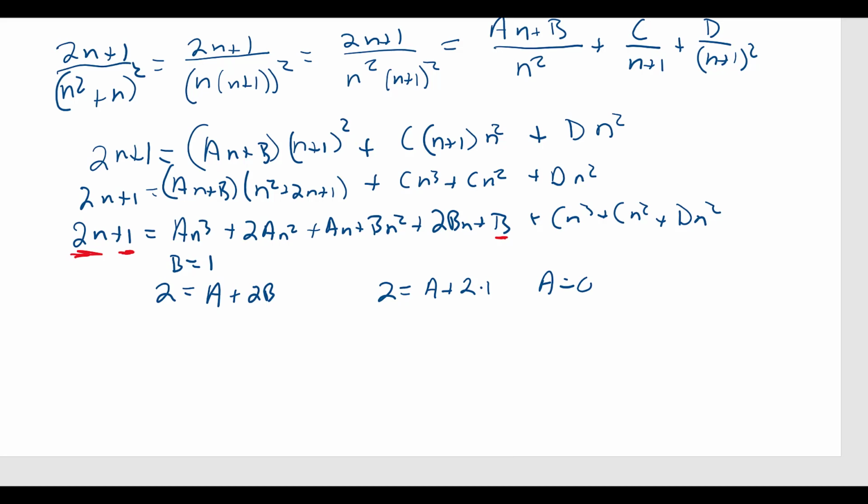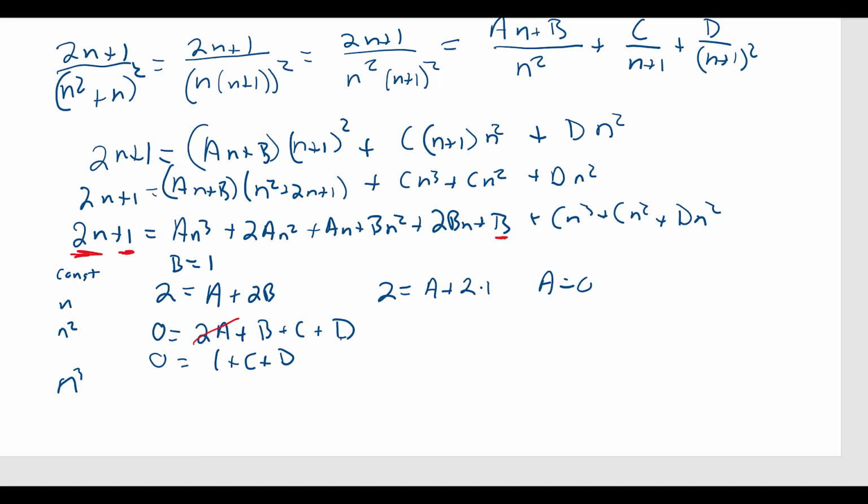Now let's go on to our n squared. For n squared, on the left we have a 0. On the right we have a 2a, which we know is 0, we have a b, a c, and a d. We know b is 1, so we could write this as 0 equals 1 plus c plus d.